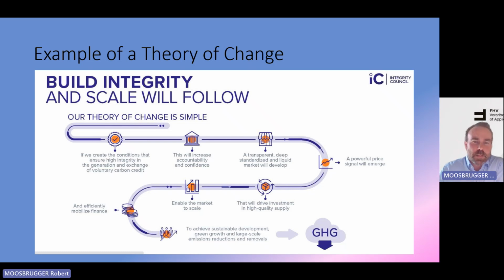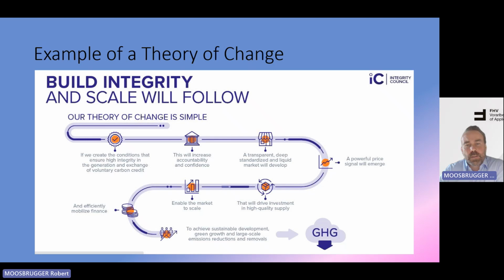And so their theory is that if they create the conditions that ensure high integrity in the generation and exchange of voluntary carbon credits, this will lead to an increase in accountability and confidence in this mechanism. It will lead to a transparent and liquid market. And this will then send a powerful price signal to investors and buyers of carbon credits.